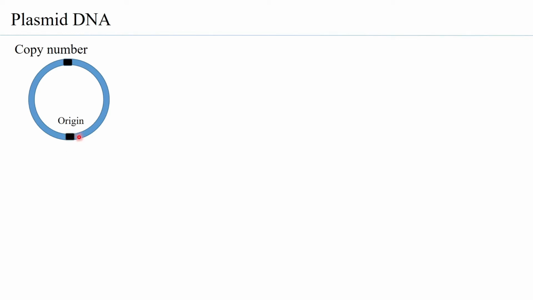Because it has the origins of replication, it is an autonomously replicating DNA, which means that irrespective of whether the chromosomal DNA, or the bacterial genome, is multiplying or replicating, the plasmid DNA can multiply, and so the copy number of a single plasmid within the bacteria can be more than one. Okay, so that is something that is very important to note.